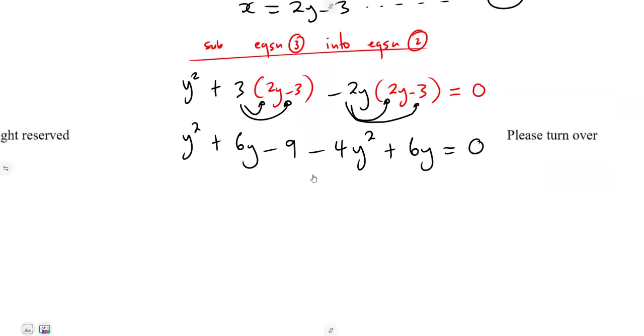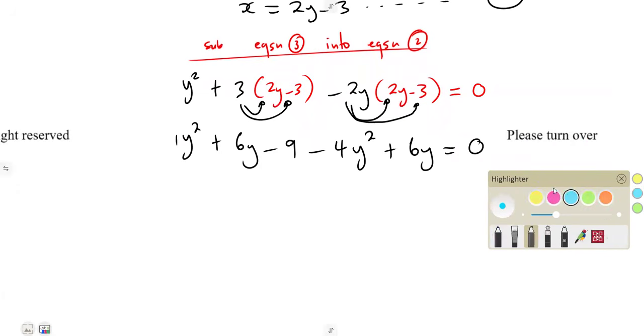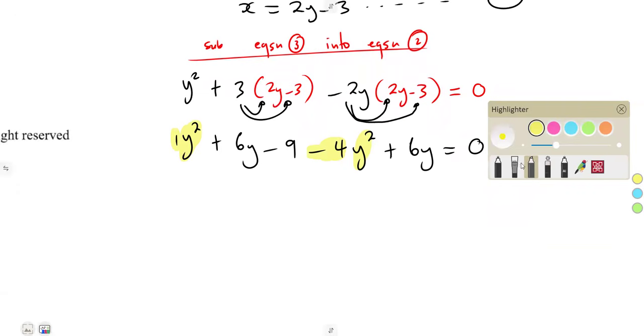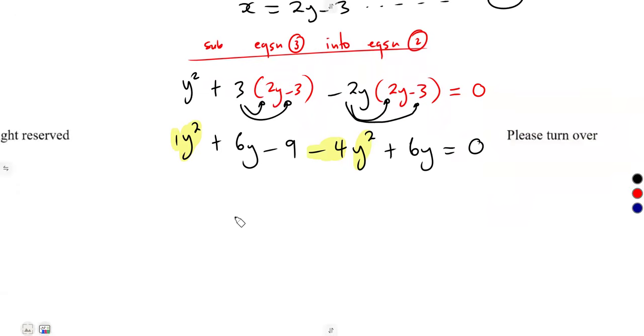So we also have to consider collecting like terms. As we can see, guys, we are forming a quadratic equation. Considering the y squared terms, there is 1 and minus 4. So 1 minus 4, that's a negative 3. Negative 3y squared.